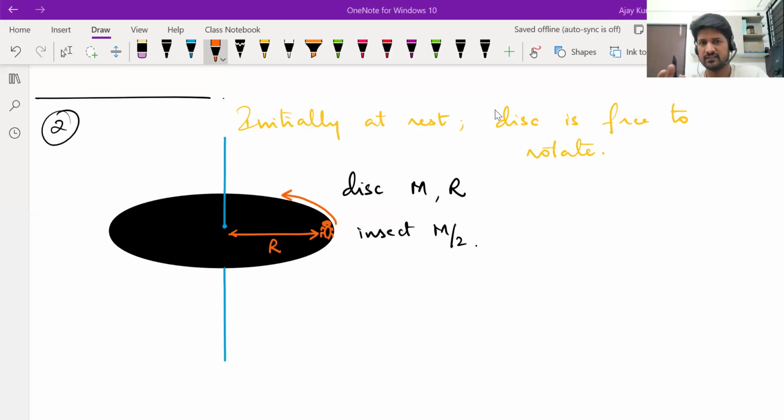Okay, the axis is rigid. The disk and insect were at rest initially. Now the insect starts moving. What happens to the disk?